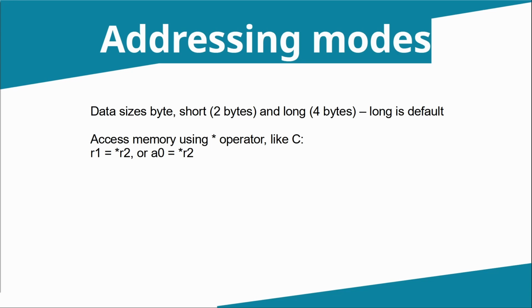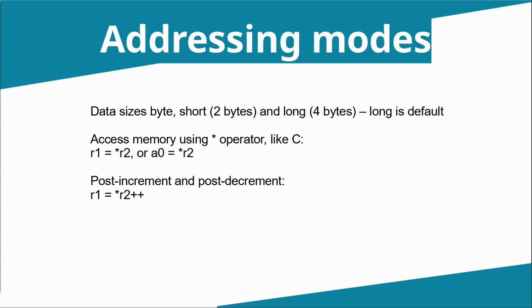And of course, we can load accumulator registers from memory in just the same way that we can load the R register. So there's a second example there where we're loading A0 with the contents pointed to by R2. All very intuitive. And of course, these are memory reads. You could do memory writes as well using the similar syntax.